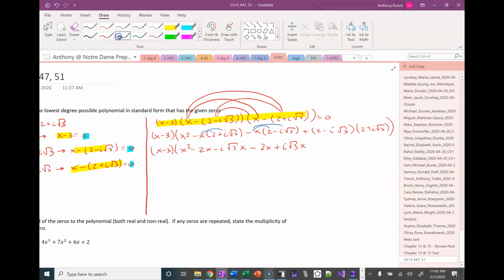And then I have to FOIL this out. But the nice part here is, if you notice, this is in the form of a difference of two squares. So I don't really need to FOIL it out. I just know that I'm going to get a squared minus b squared. So really what I'm going to get here is 2 squared minus i square root 3 squared.